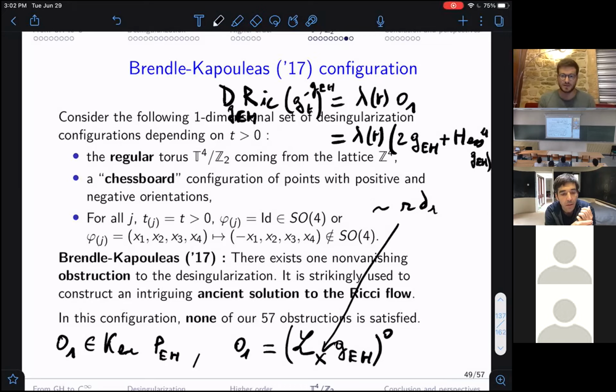Oh, I see. Okay. And maybe one little technical question. When you look at these Einstein orbifolds which you get, and you desingularize them, do you also get Einstein orbifolds where you converge to the cone at the orbifold point slowly? Or do you always have a polynomial decay rate?